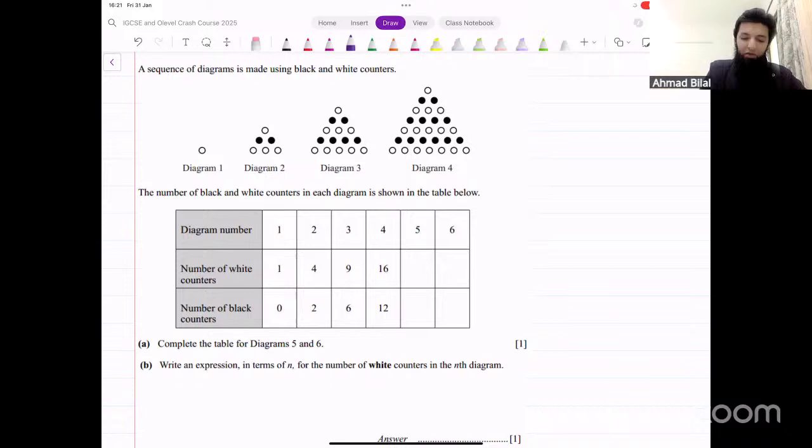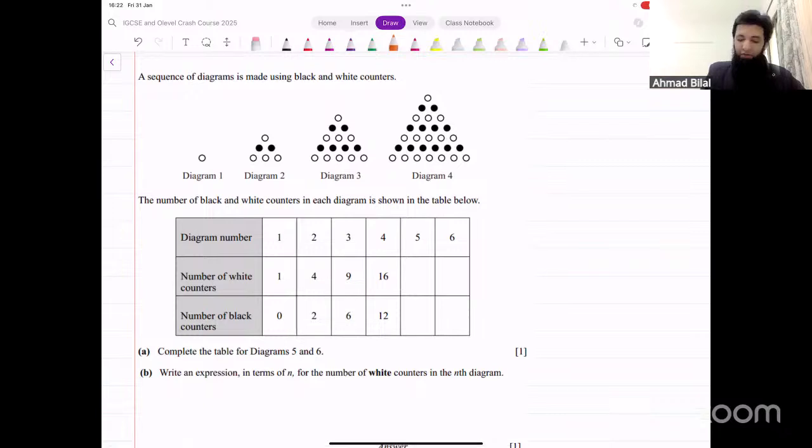What they've done is they have listed down the number of black counters and white counters in this table below. So the number of white counters go like this: 1, 4, 9, 16. And then the number of black counters: 0, 2, 6, 12, and so on. Now, first of all, we need to complete the table for diagrams 5 and 6.